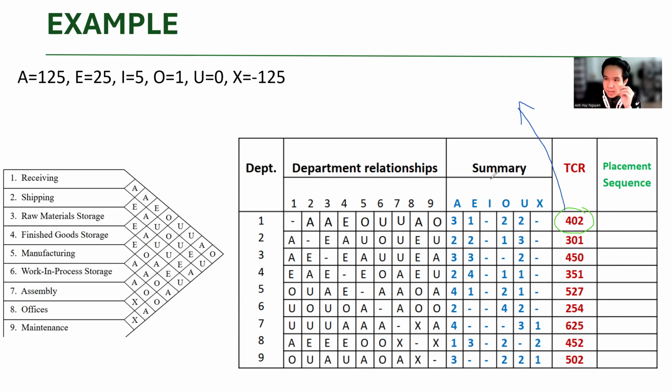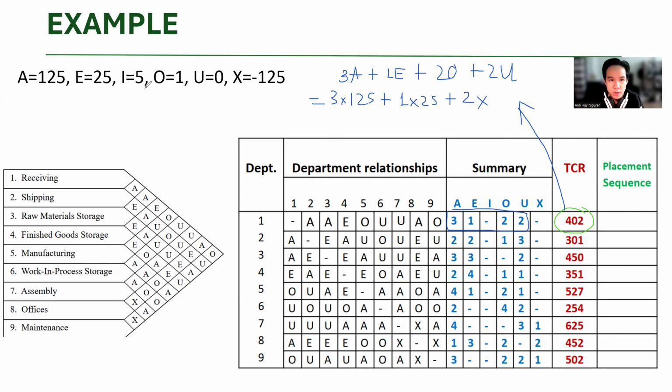You look at the summary part for row number one. So you have 3A, 1E, 2O, and 2U. What is the score for A? 125. E is 125.